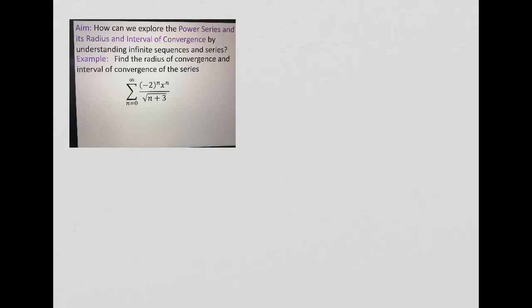So we definitely have an infinite power series here. We can see the x, we can see the infinity, we've got an infinite series. So now let's take a look at a sub n. This expression right here is a sub n, and we're going to use the ratio test.